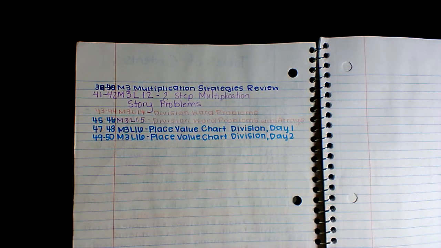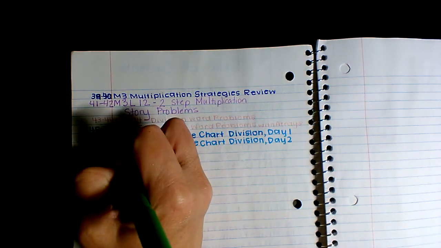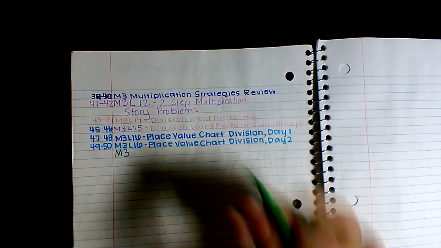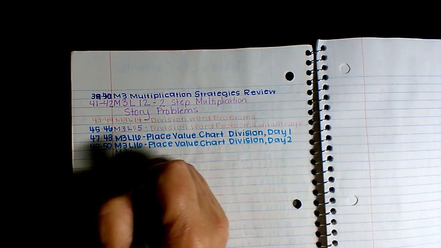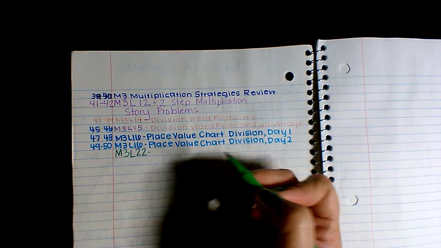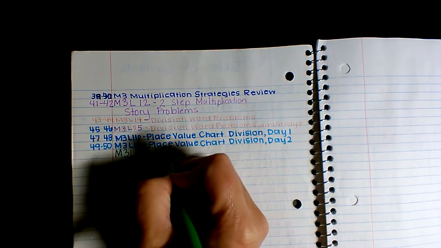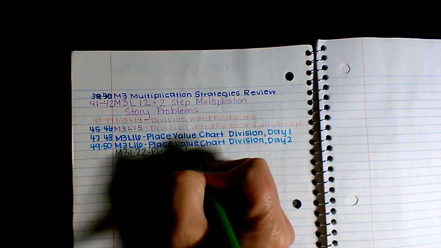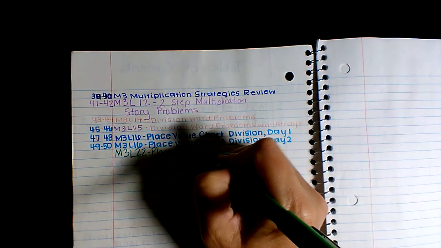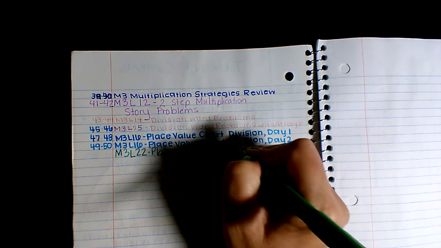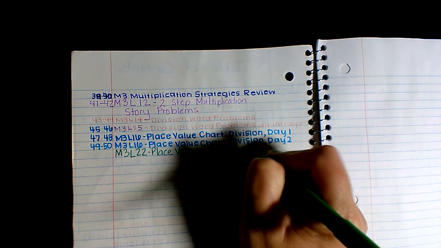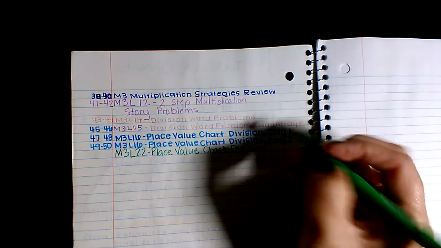Boswell, and we're going to be doing Module 3, Lesson 22, okay? And we're going to do place value chart division, okay?